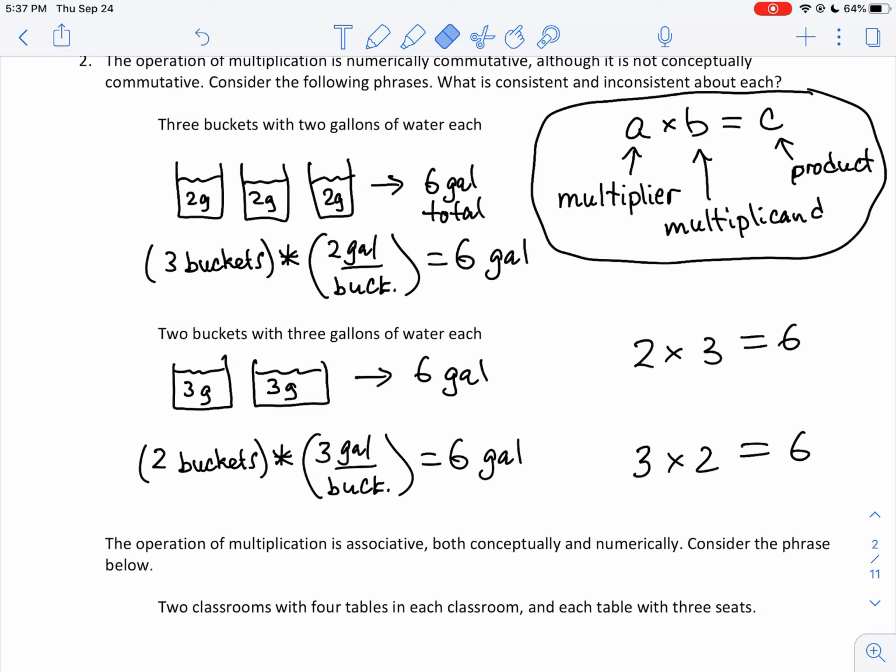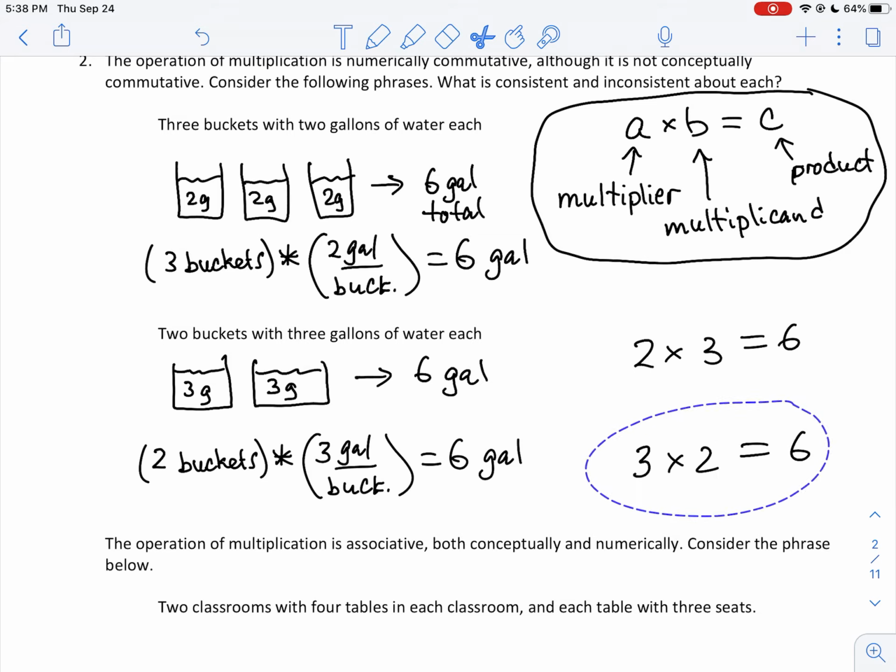But visually, conceptually, if we insist that the first number is the multiplier, we do not have similar imagery. Right? In this case here, I'm picturing 2 copies of 3, and that's how I get the 6. And here I'm picturing 3 copies of 2, and that's how I get the 6.